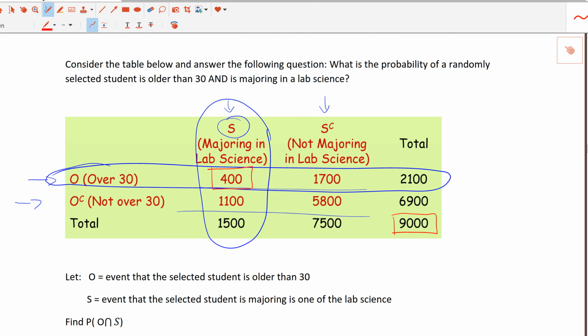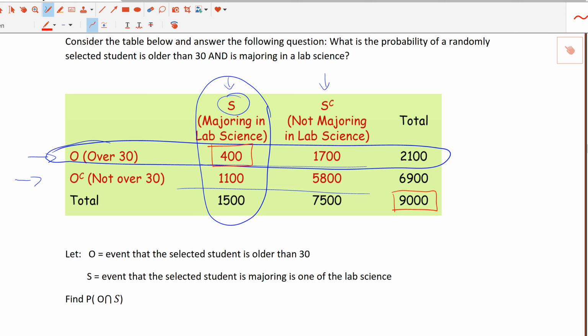So we could say the probability that you are older than 30 and majoring in lab science is 400 over 9,000. And a lot of times with probabilities, we'll reduce that to 4 over 90, which reduces, if you care to reduce it, to 2 out of 45.